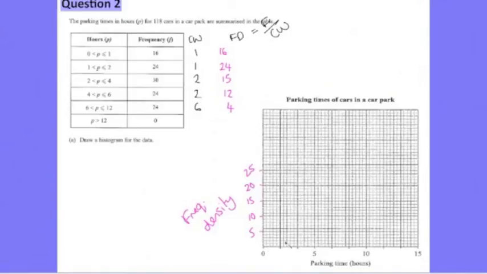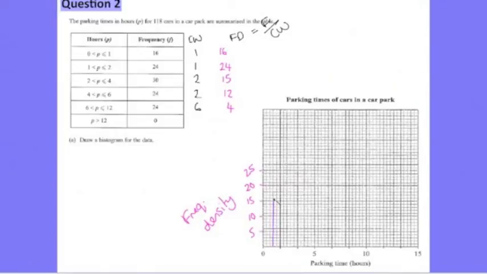Here we have from 0 to 5, and we have 15 squares. 15 divided by 5 means that each one is worth a third. So 3 squares is equal to 1. So we will extend up 16.